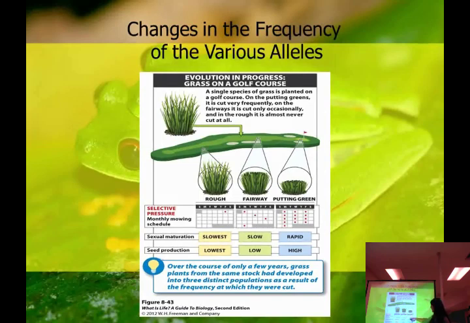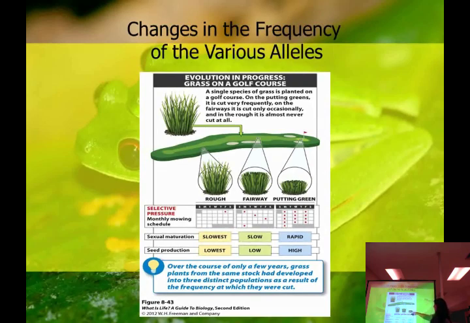If you cut the putting green grass very, very often, then the grasses that sexually mature the slowest are going to be found in the rough, and those that produce the lowest amount of seeds. And then in the fairway, it comes to sexual maturation very slowly and produces a low amount of seeds.